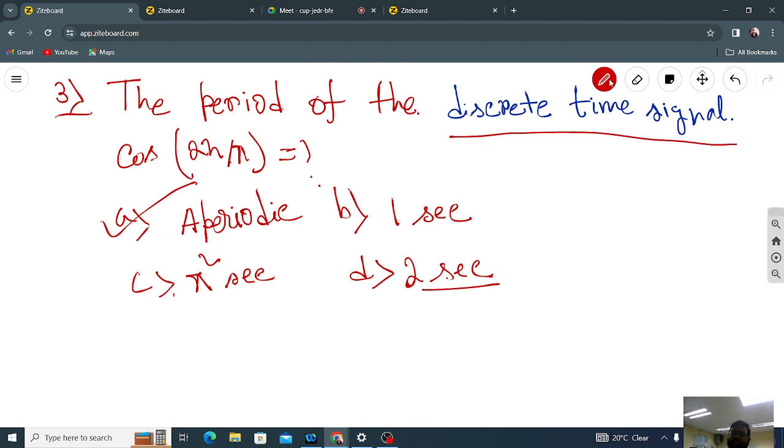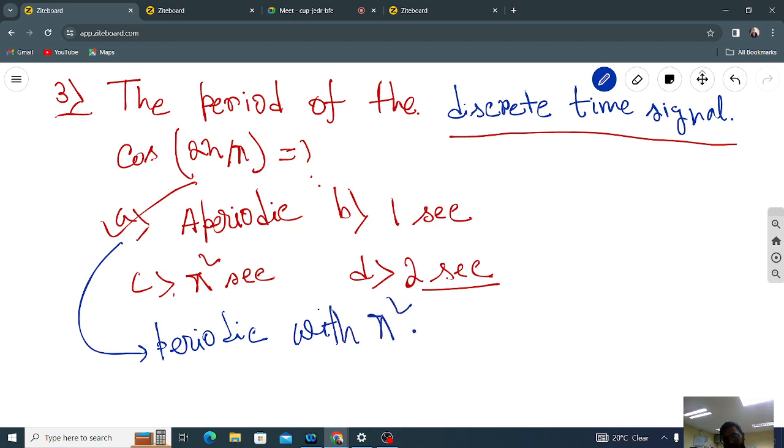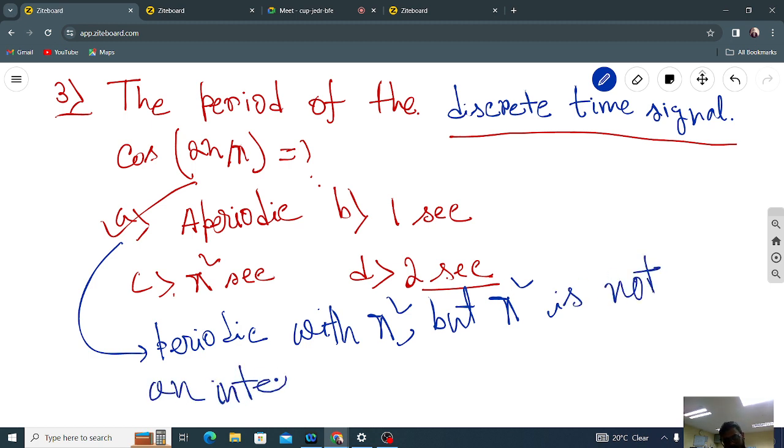The reason is it is periodic with pi square, but pi square is not an integer.